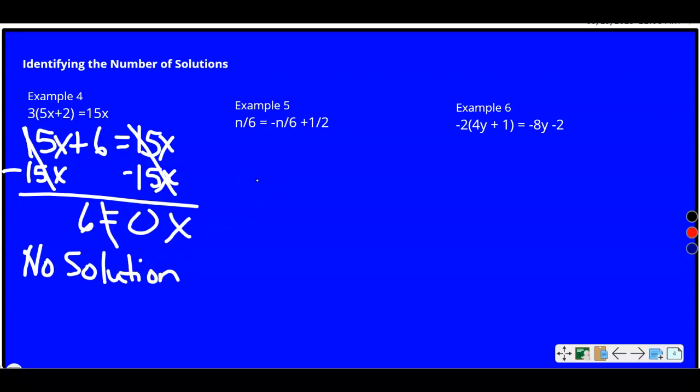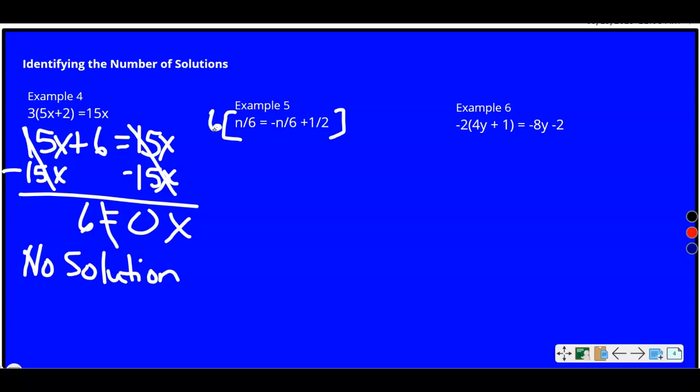All right, let's look at example 5. n divided by 6 equals negative n divided by 6 plus 1/2. All right, so both of these are divisible by 6. So the first thing I want to do is get rid of those fractions. I can get rid of the fractions all the way across, like in the last example. We can multiply this by 6.